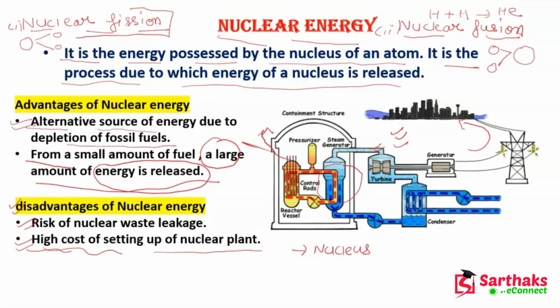To protect us from the radiation, the cost of this nuclear plant is very, very high, so it is very expensive for us. So I hope guys this is clear to you, how we generate electricity from a nuclear power plant. If it is clear to you, now let's move on to the next slide.